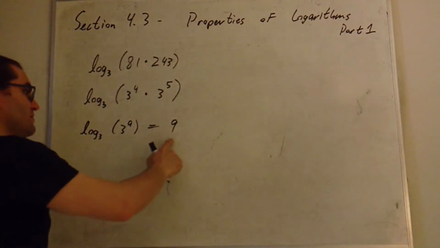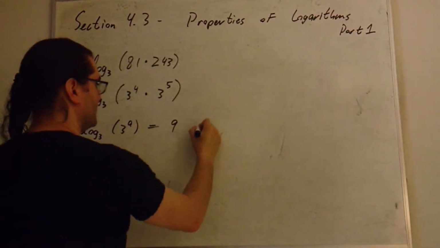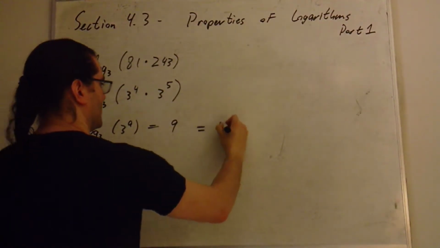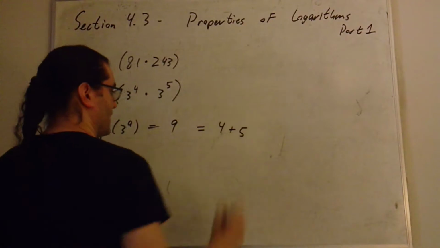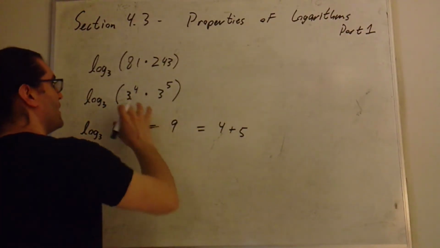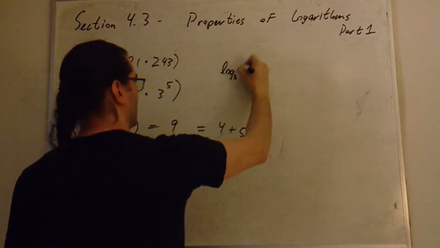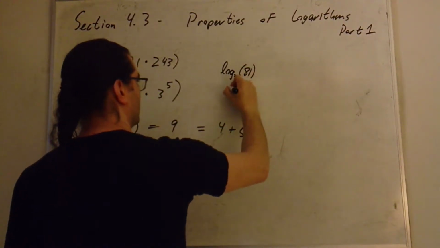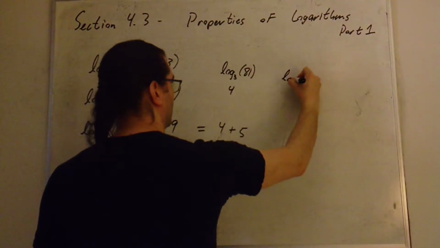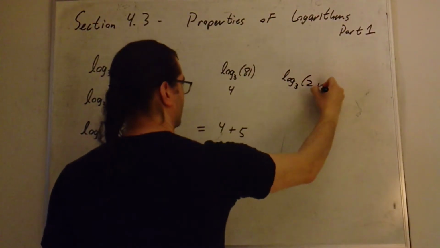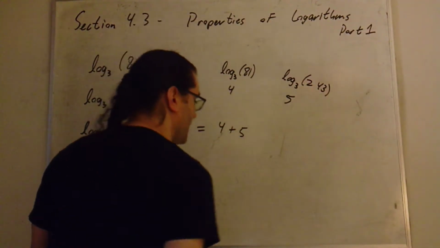And the interesting thing about this number 9 is that's 4 plus 5. If I tried to do this separately, the log base 3 of 81 is 4, and the log base 3 of 243 is 5.